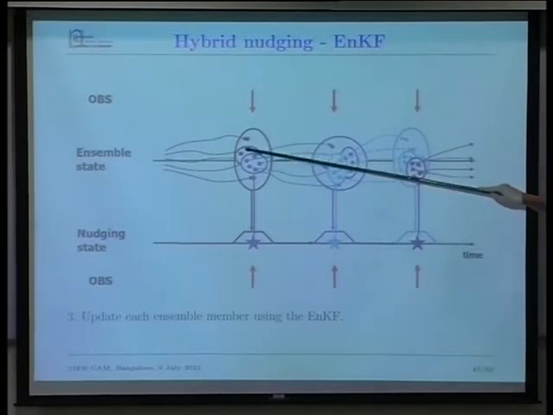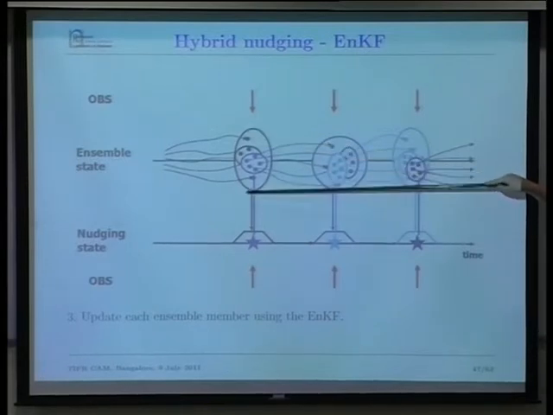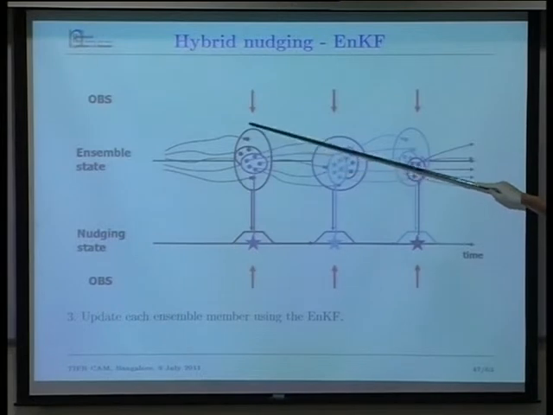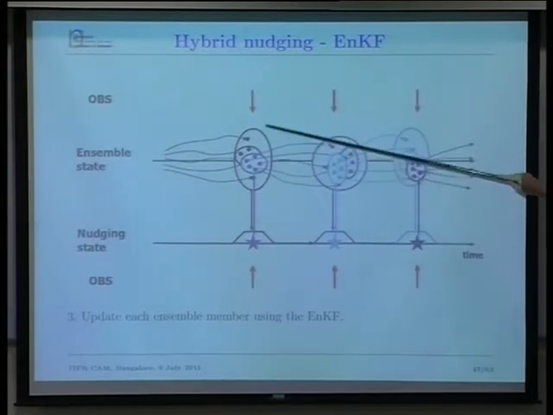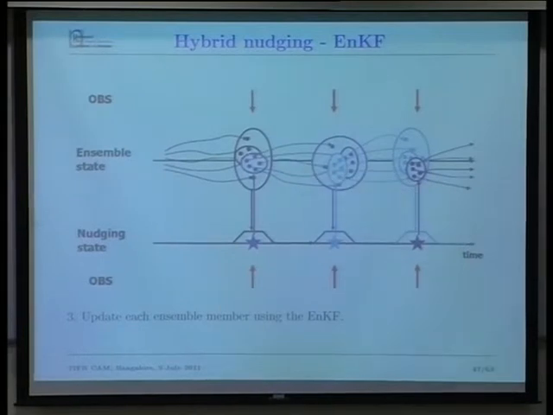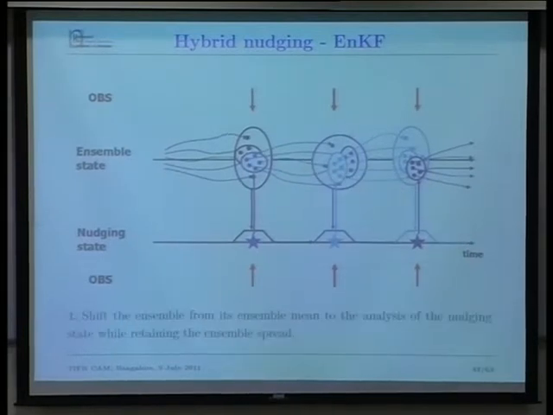Then, or you can do it in parallel, you update your ensemble. So from this prediction here, you make the analysis in black here. And then you shift the ensemble in a way that the mean of the ensemble is the nudging state.